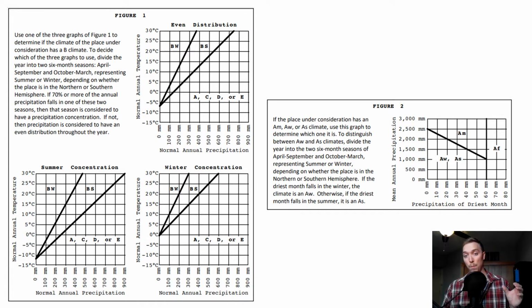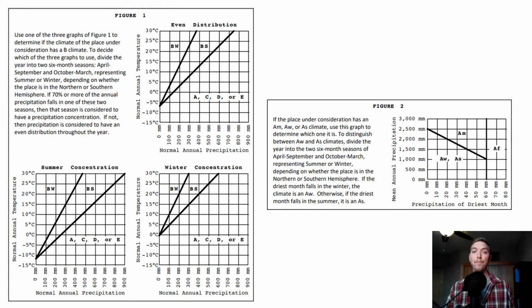And if your quantity exceeds 70% of the annual total in the summer or the winter, it falls into the corresponding concentration. So if 75% of my rainfall fell during the summer, or April through September bin, that means I would have a summer concentration. Likewise for a winter concentration, but if it's below 70%, we have an even distribution across the year.